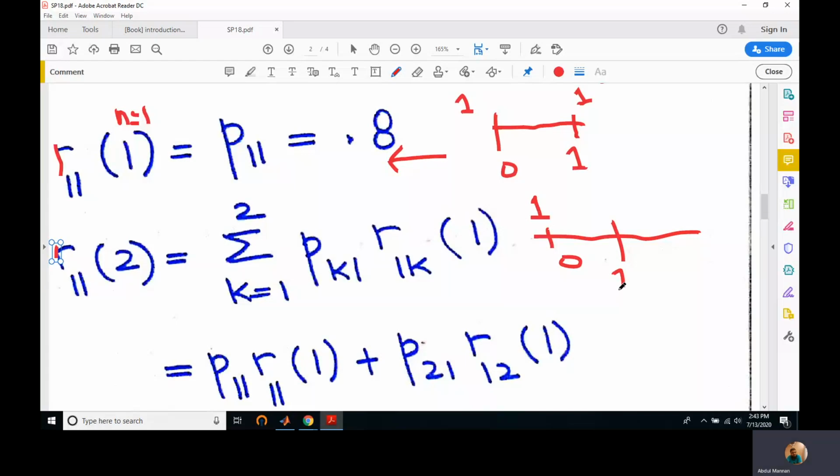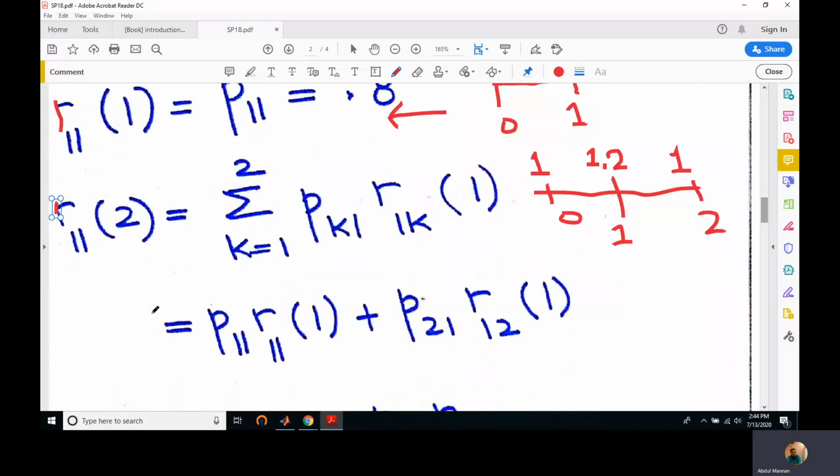I don't know where I was at time 1, where I can be at state number 1 or 2, but what is the probability that I'll be at state number 1 at time 2? We call this Rij of n, where i is 1, j is 1, and n is 2.